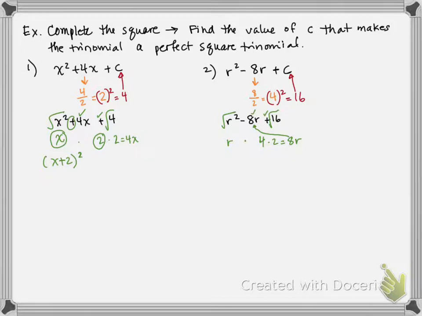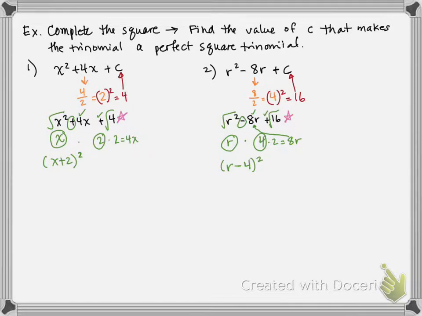So then all I do is grab the square root, the sign of the linear term, and the square root, and that forms my binomial, and then it's squared. And again, you can go ahead and multiply it out. So this is what I created that was a trinomial square.